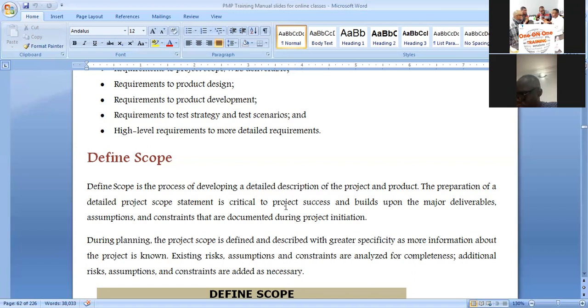Then another project management term for it: when the project is full of gray areas that we do not have first-hand knowledge of, we call it rolling wave planning.